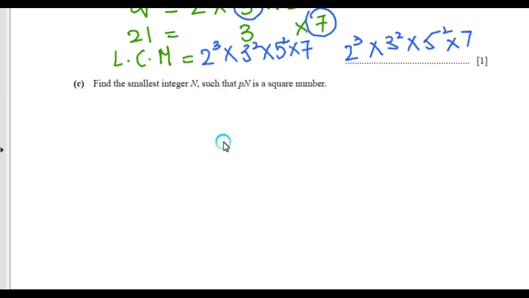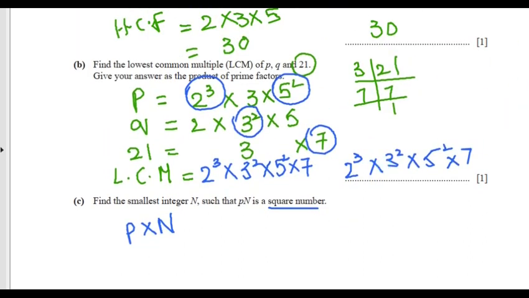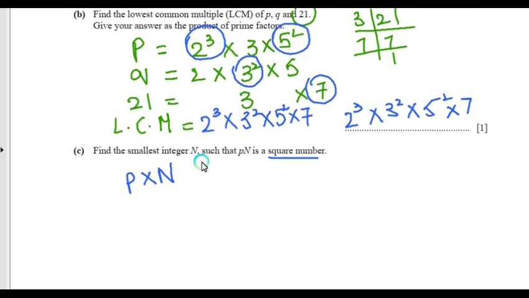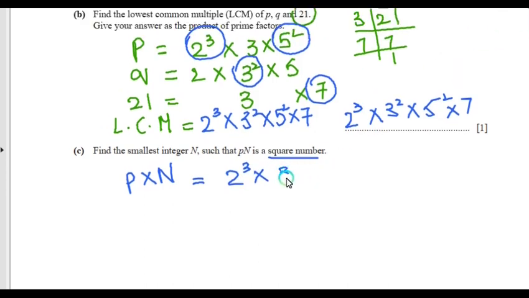Okay, find the smallest integer n such that p times n is a square number. Square numbers are those whose square root can be taken, and the answer is a whole number. So p times n, what is n? n should be found. P is given, p is 2 cube times 3 times 5 square.